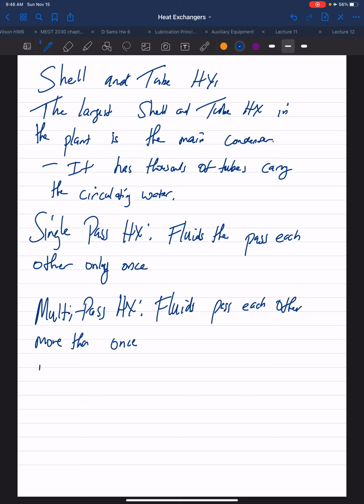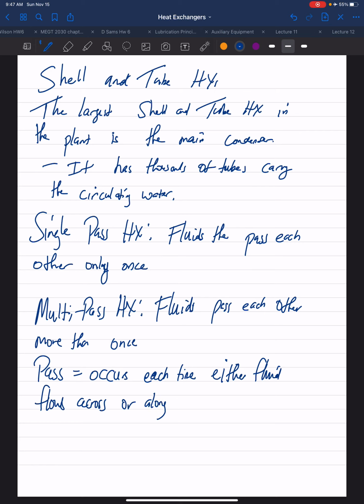And a pass occurs each time either fluid flows across or along the heat exchanger's length.